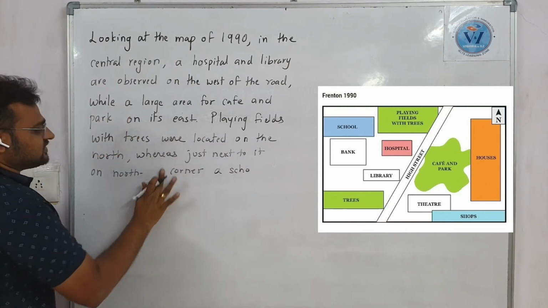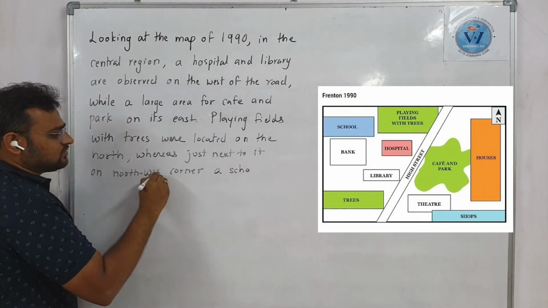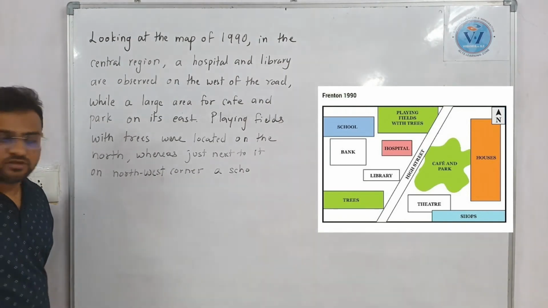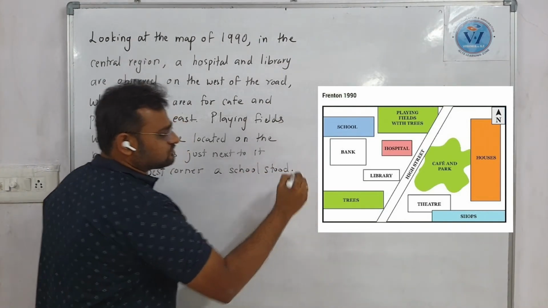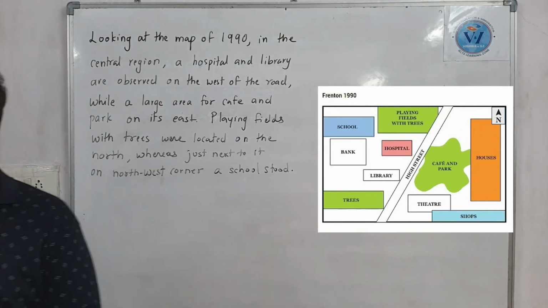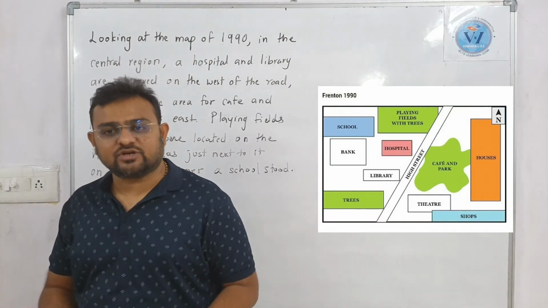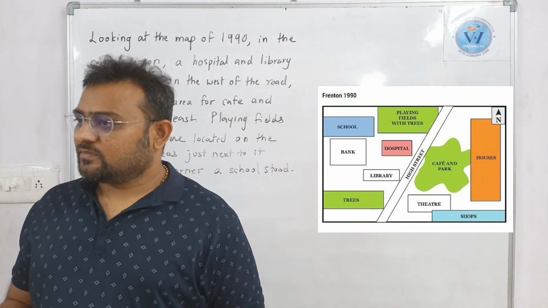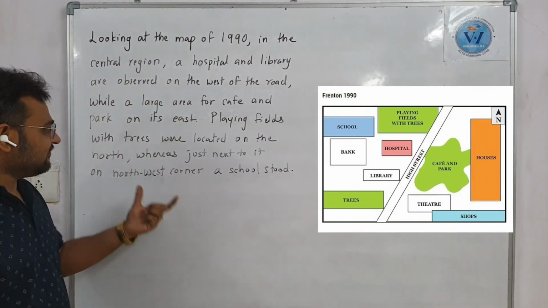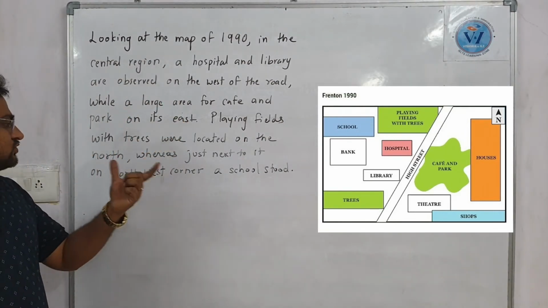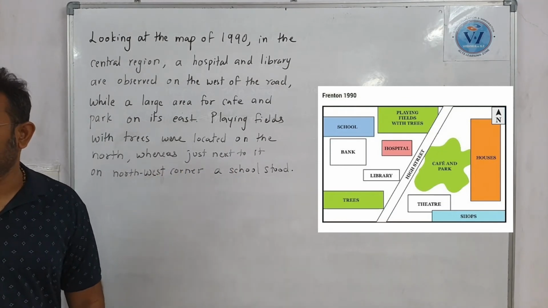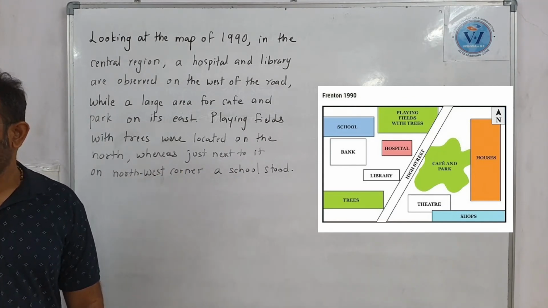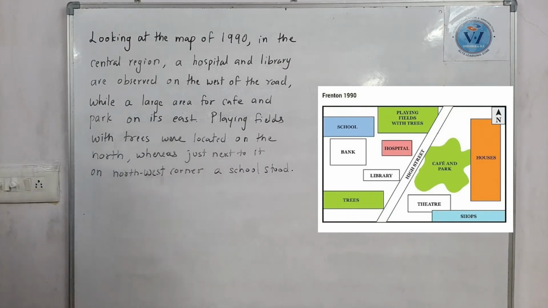Sorry, it's not northeast, it's northwest. The northeast corner, school stood. When talking about a building or something similar, you can use the word stood. And we can also write whereas a school stood just next to it on the northeast corner. Clear? You can also write in that way.